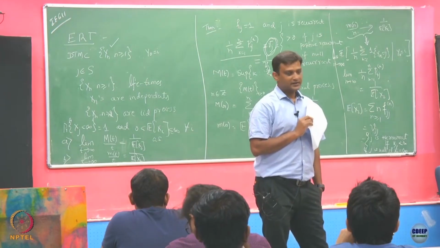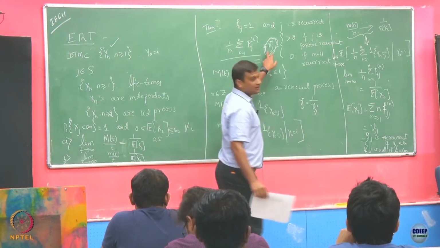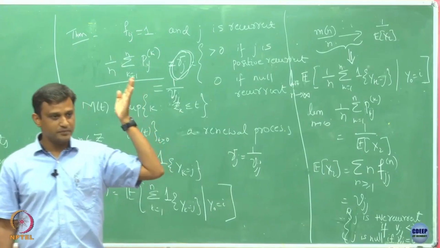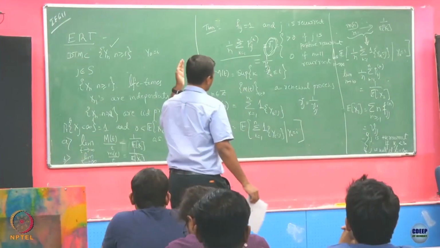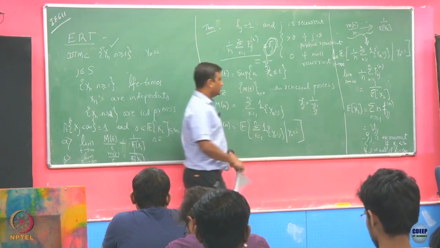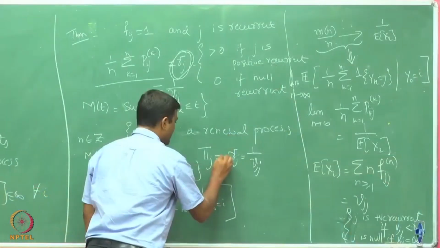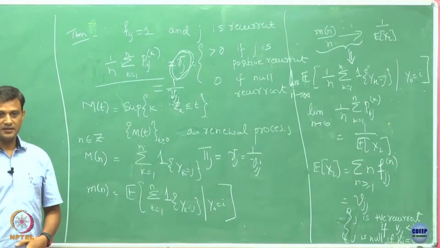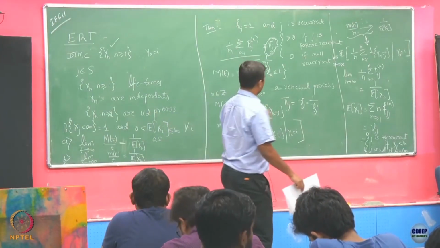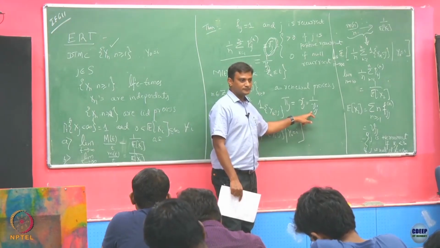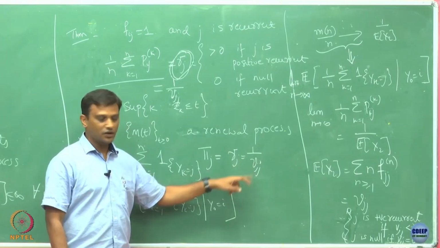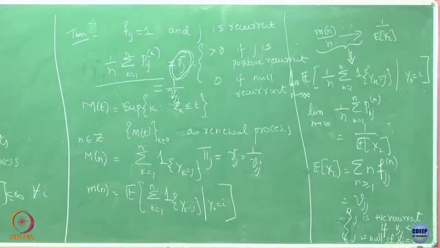We took that pi to be this gamma j. So our pi j is nothing but 1 upon nu jj, right. So now how do we interpret this?